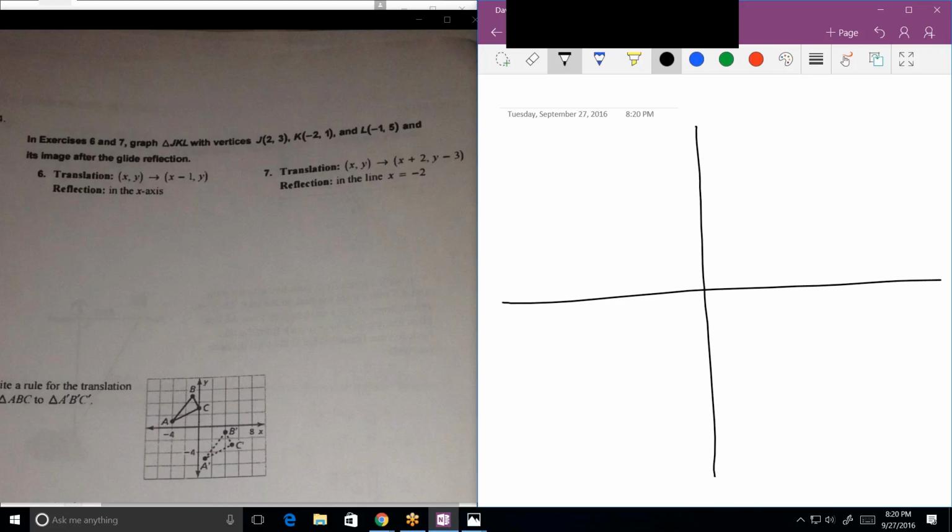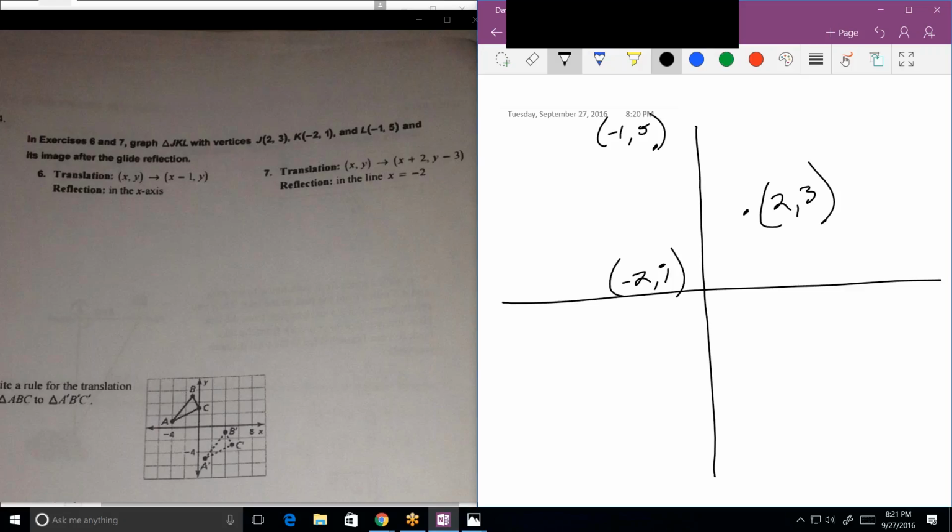Sure. Let me go back and redraw my points. That's 2, 3. Sorry, I should have just used the other page. The other is -2, 1. And the third point was -1, 5.